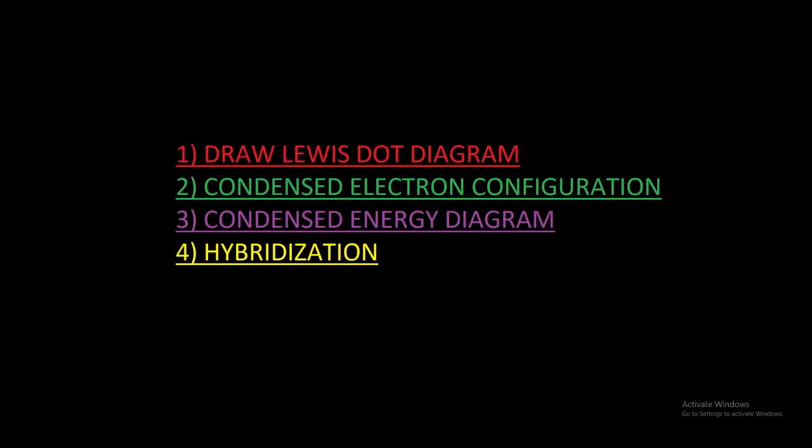Okay, so now that we went over a few of the basic ideas that you need to understand before actually getting into the hybridization and VSEPR problems, let's take a look back at our instructions manual here, our four-step process to solving hybridization problems. So let's get started with step number 1, drawing the Lewis dot structure.